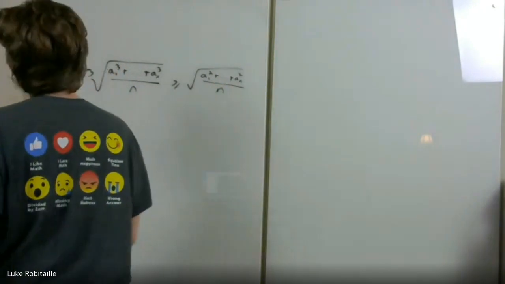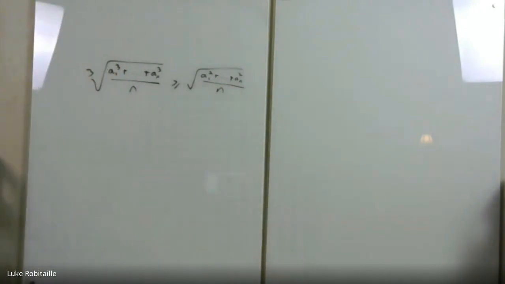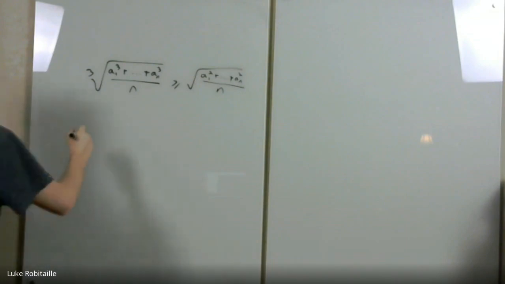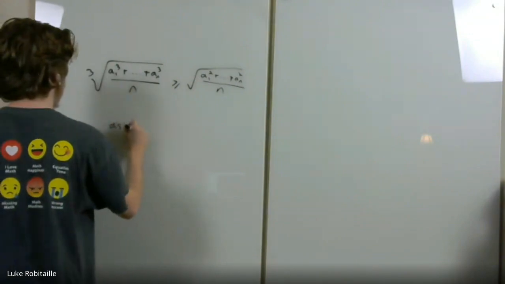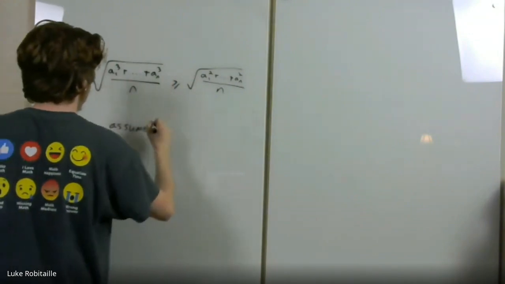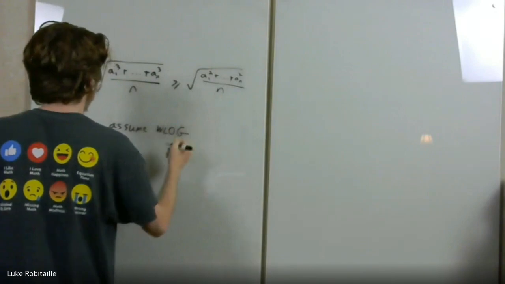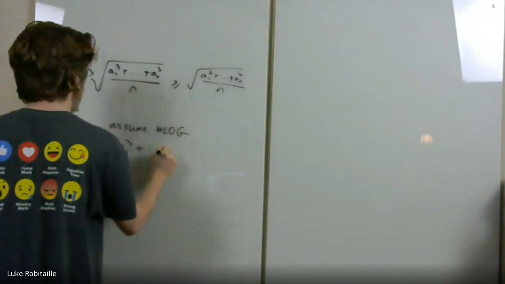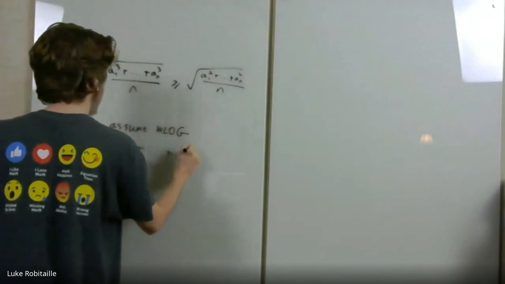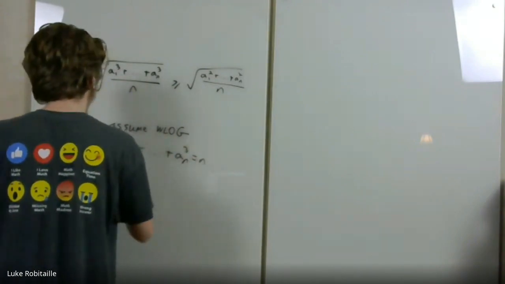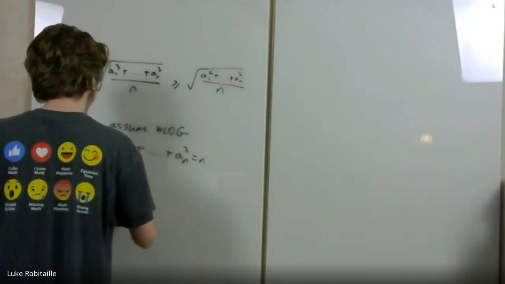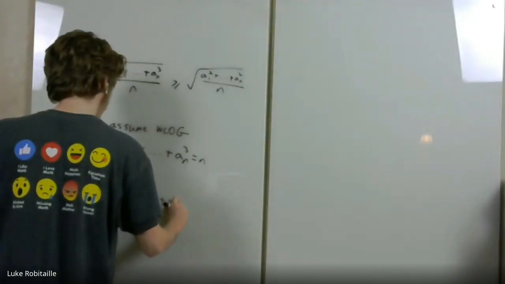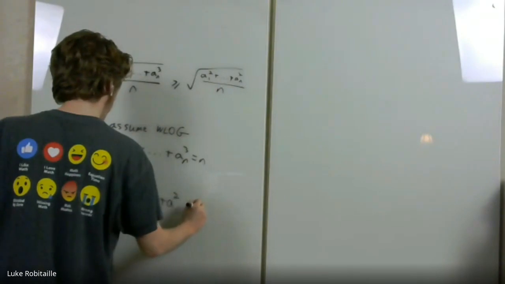Well then, since this is homogeneous, we can scale all the a_i. Assume without loss of generality, if it's all 0 it's just clear, that the sum of the a_i cubed is n, and then we want the sum of their squares less than or equal to n.